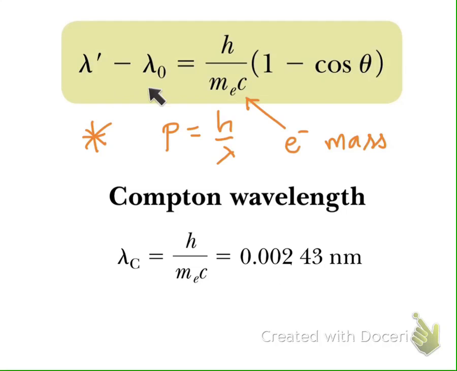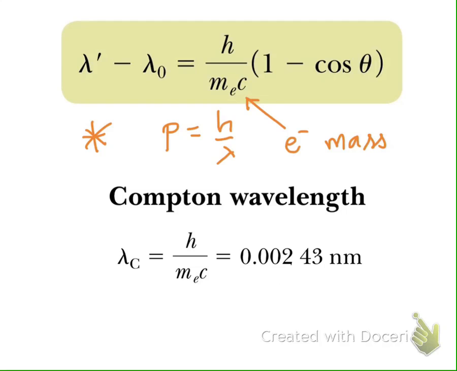This expression gives a very interesting result. If this is true, as I asked you before, why don't we see incident green light scattered from the powder change its color to red?